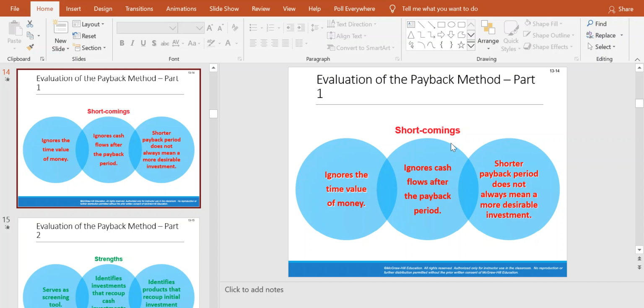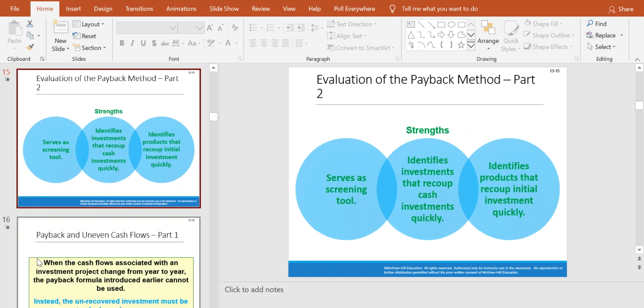So, in other words, the espresso bar in that coffee shop is going to last 10 years, but using the payback method, we're only concerned with the first 4 until we recoup the initial investment. Having a shorter payback period may not be an indicator of a more desirable investment or a more desirable project.